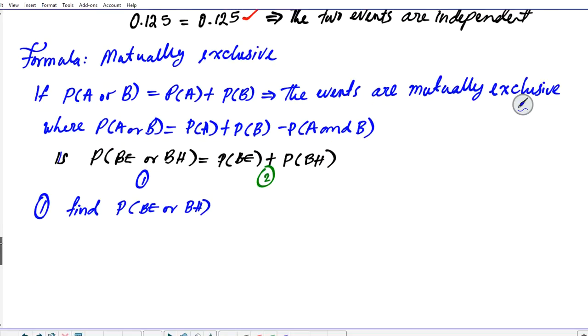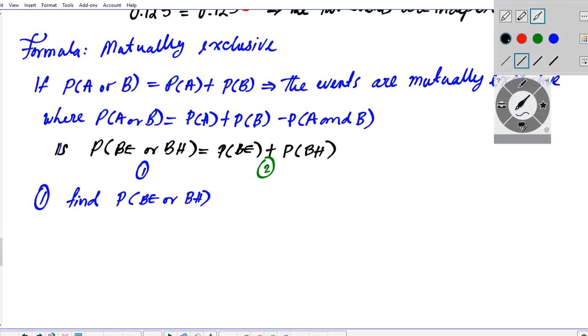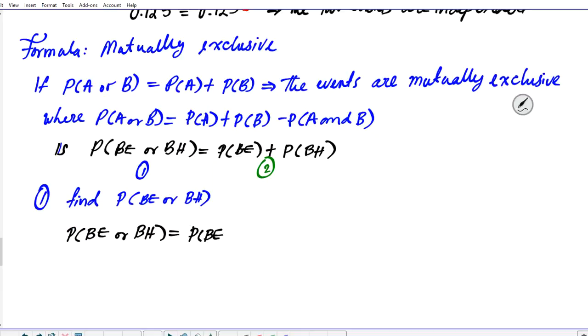Alright, so let's do this. We're going to use the formula right here. Probability of blue eyes or blonde hair is equal to probability of blue eyes, that's just like probability of A, plus probability of blonde hair minus the probability of blue eyes and blonde hair. Alright, let's substitute the numerical values. Probability of blue eyes is 0.25.